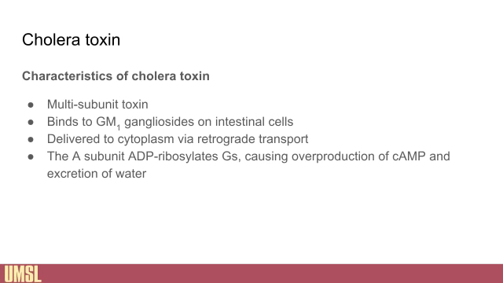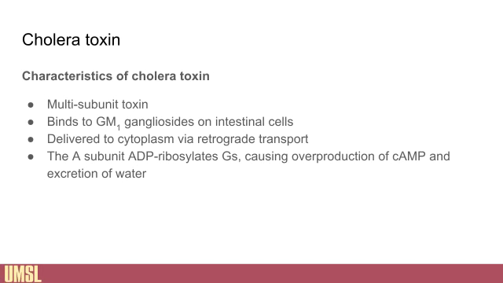And so it's a multi-subunit toxin, and it binds to GM1 gangliosides on intestinal cells. And so this is another example of these gangliosides. They're a particular type of lipid, and this is a frequent site of toxin binding.